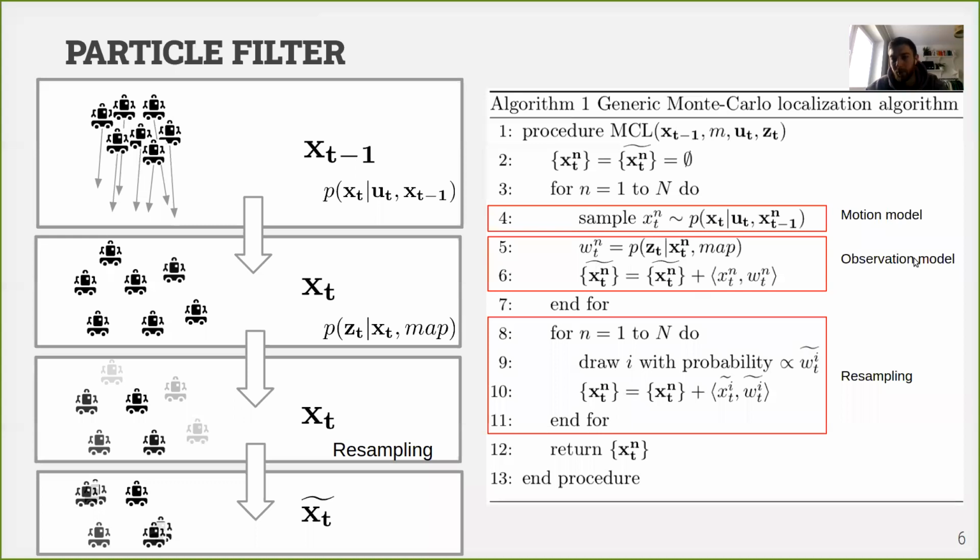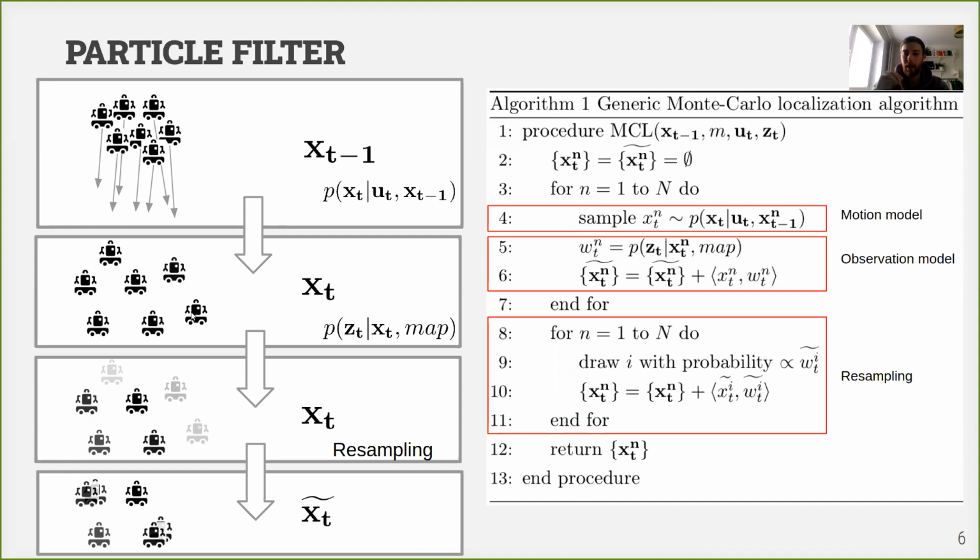Moving further through the particle filter, let's remind ourselves how it works. The second step is the observation model, which we will discuss in the next lecture. In the observation model, we take sensor readings and compare them to the map, given the prediction of a pose. For each particle, we take its pose as the real robot pose.